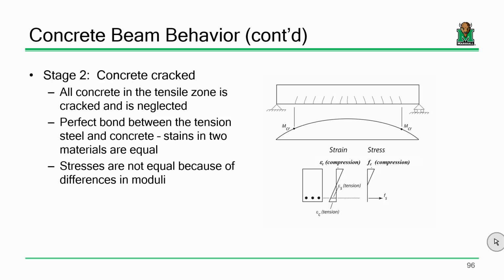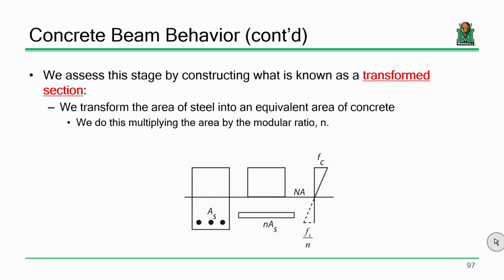But real quick, we've got this concrete cracked behavior we still need to assess. We hadn't quite finished that. So we were looking at a cracked beam, and we said we're going to use this philosophy of transformed sections. We're going to take all of the regions in that beam that are subjected to tensile stresses and assume that they're completely ineffective because they've cracked. They can no longer resist tensile load because they're separated.